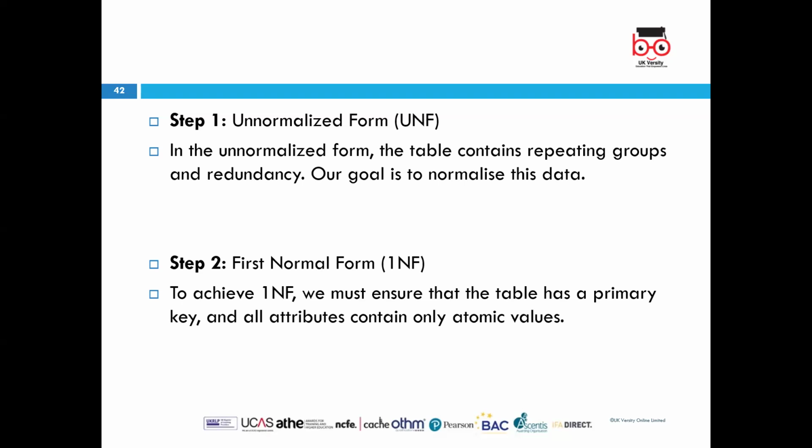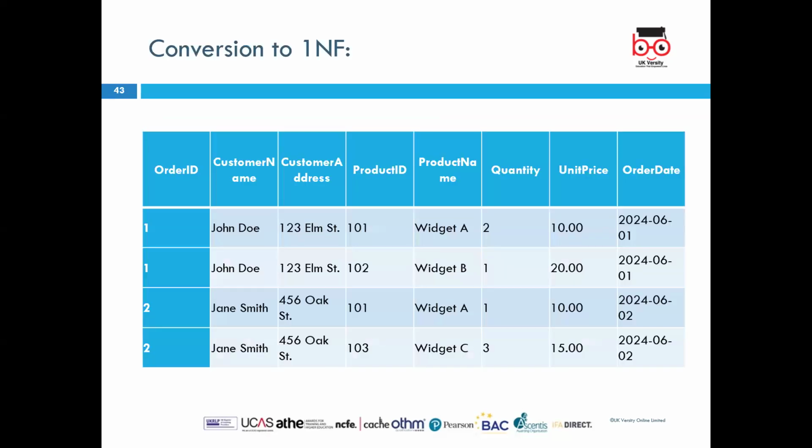So we must ensure that the table has a primary key and all attributes contain only atomic values. Here's how our table will look once we've converted it into first normal form.